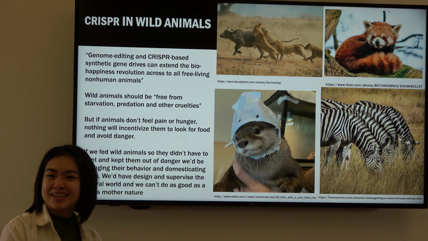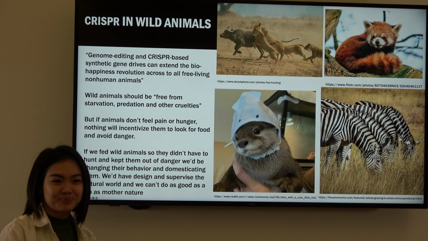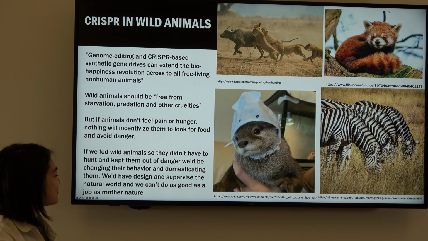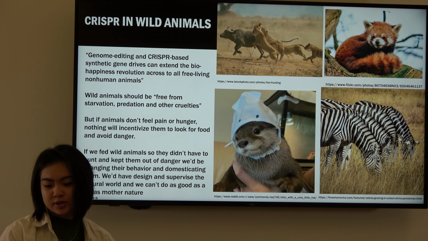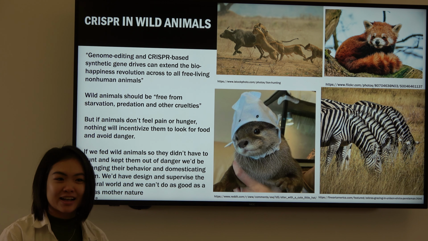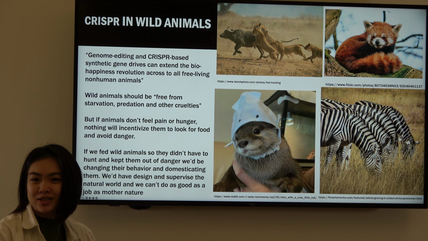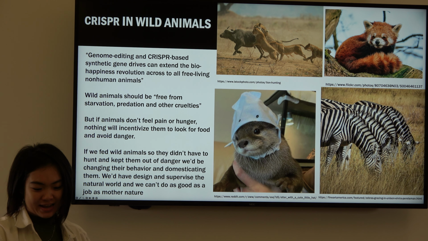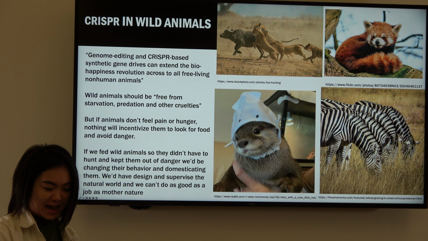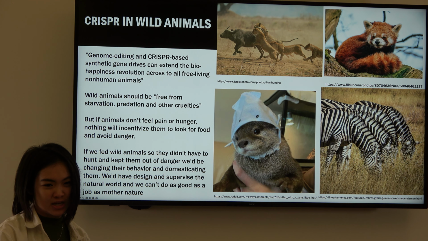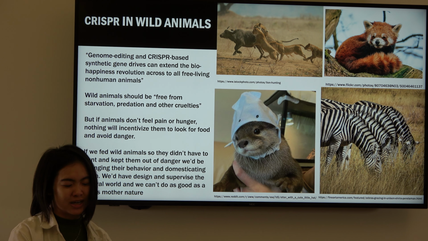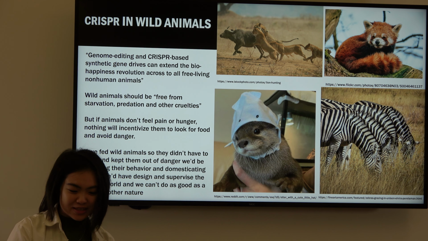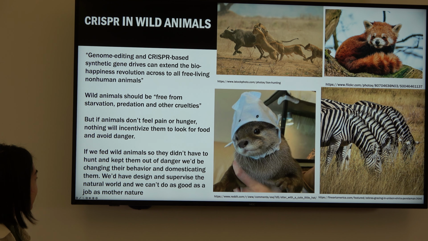And yeah, I think this sounds a bit implausible, because if we genetically modify animals that way, so they won't feel pain or starvation, what's keeping them from eating, finding food, acting like wild animals, and keeping themselves out of danger? Not much. And as you know, if an animal doesn't feel any pain or starvation, it's probably going to die out pretty soon and not be able to pass on its genes to future generations. So I'm kind of doubtful on his plans for that.